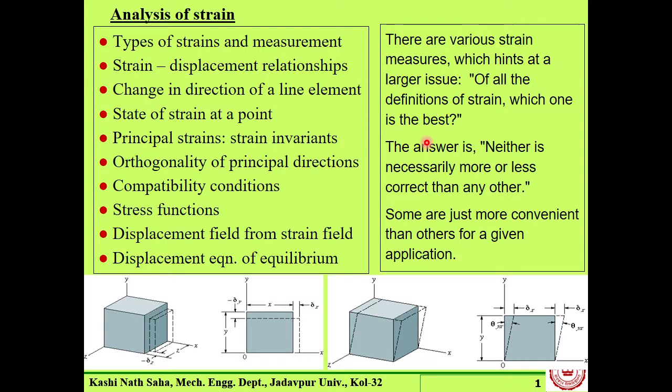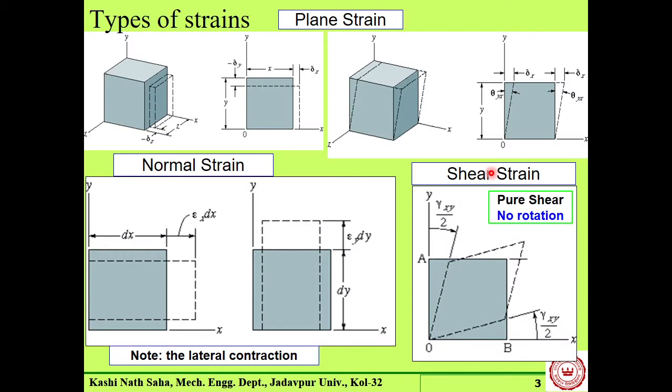So this much is fine. Now the types of strain and measurement. Different types of measurement techniques are there, and that we will be discussing afterwards. These are the types of strain which we use ordinarily. So for plane strain, we are familiar with normal strain and shear strain.